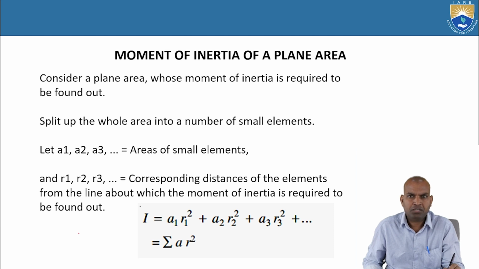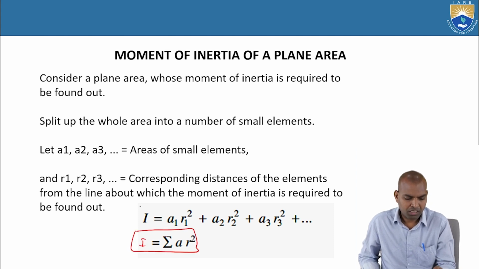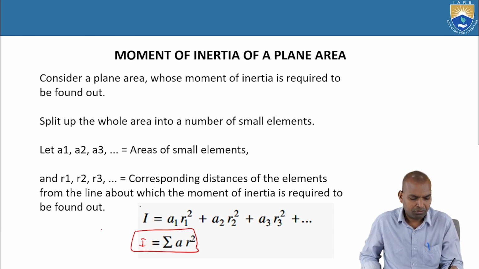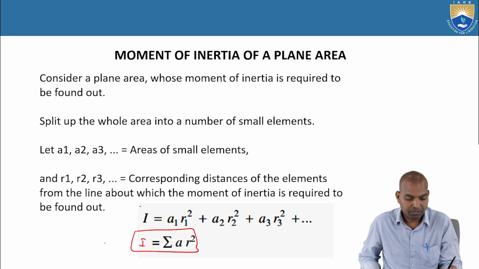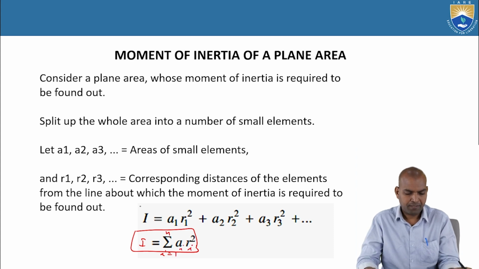Moment of inertia is geometrically or mathematically derived. The expression is that I equals sigma A R square, where I equals the sum from 1 to N of Ai Ri square.